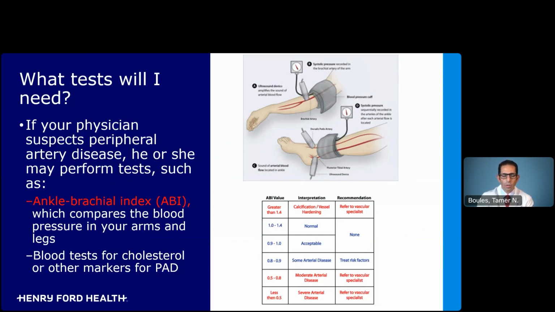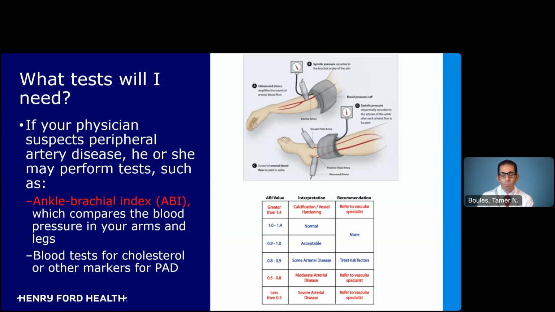The blood pressure in your legs should be about the same or a whiff more than the blood pressure in your arms. And it's when that blood pressure starts to get lower and that ratio gets below 1.0 or 0.9 in some places, that's when we start to suspect the presence of some peripheral arterial disease.